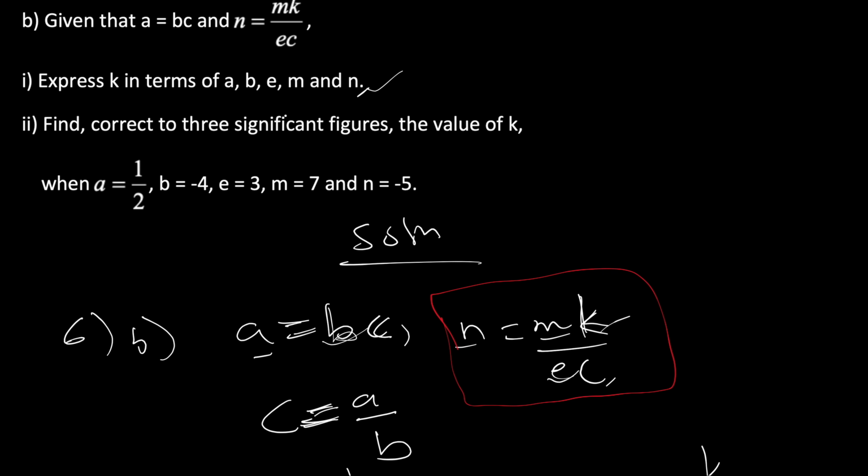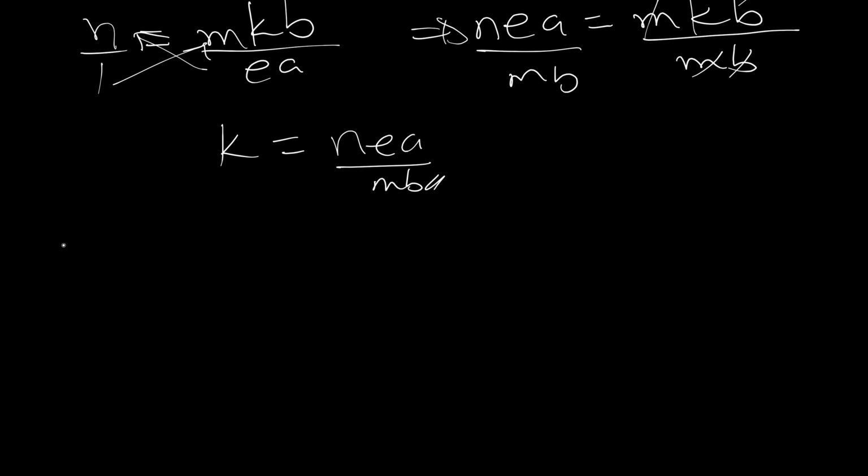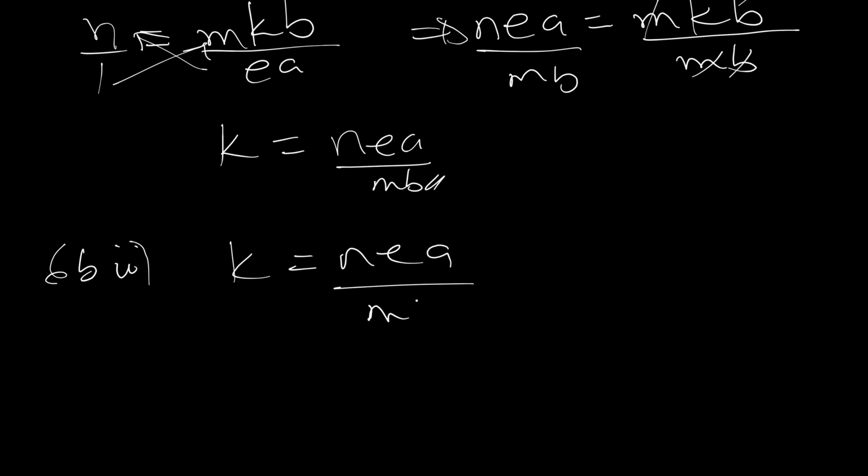Now for question 6b(ii), we are asked to find the value of K when A is equal to half, B is equal to negative 4, E is equal to 3, M is equal to 7, and N is equal to negative 5. We know that our K is equal to NEA over MB.